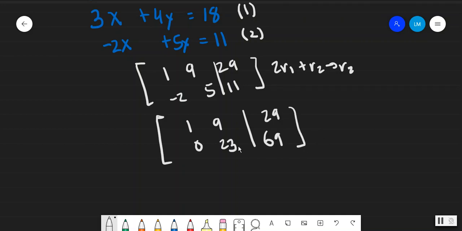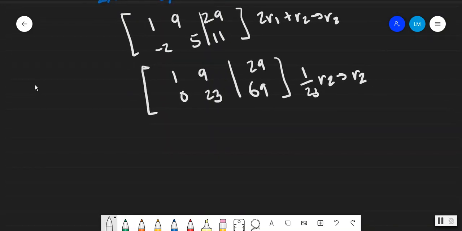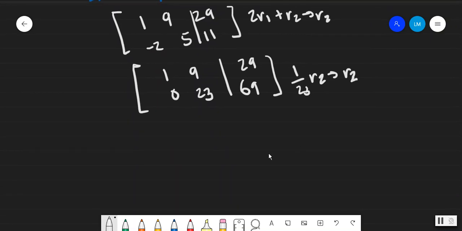Now notice that I can actually solve for the bottom entry by taking 1 over 23, multiplying that by row 2, and that gives us a new row 2. So in this case, it reduces down to 1, 0, 29 and then 3.